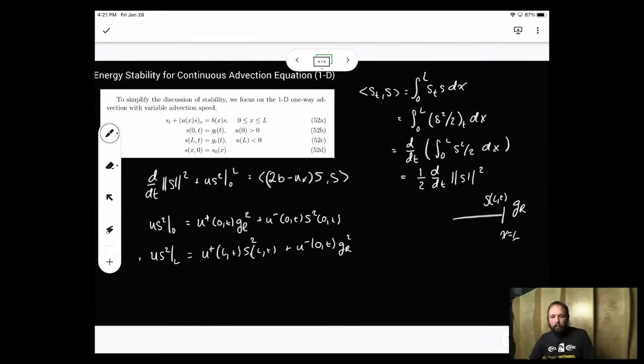So we can start to simplify things a little bit. We've got some expression now for the boundary conditions that we're going to plug in. What we're going to do next is put a bound on this inner product. Remember, we have 2b minus ux ss, and that is going to be the integral from 0 to L of 2b minus ux, and I can combine the s's into an s squared.